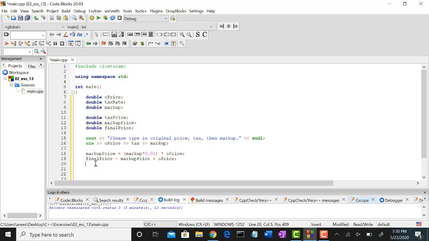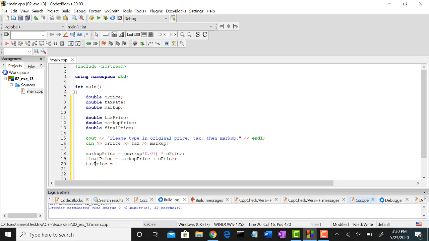Now here we are going to calculate the tax. It's going to be taxPrice. The reason we are calculating markup first is because the tax is actually taken out from the markup price.